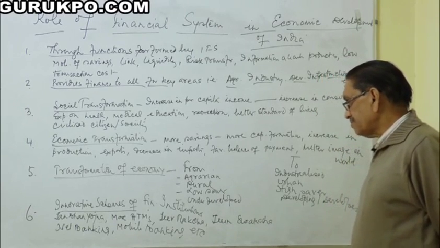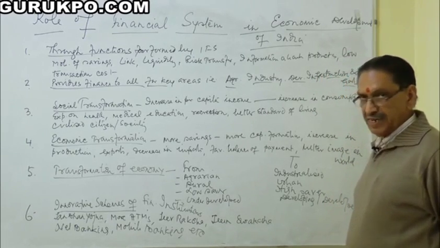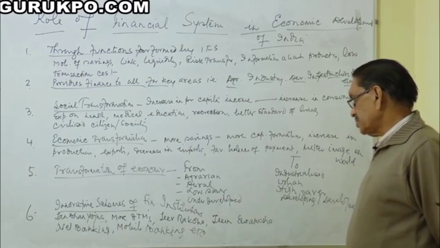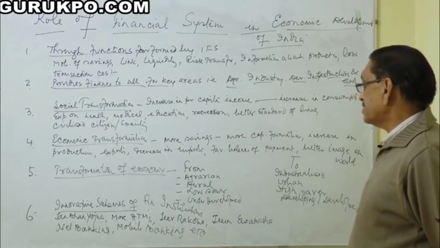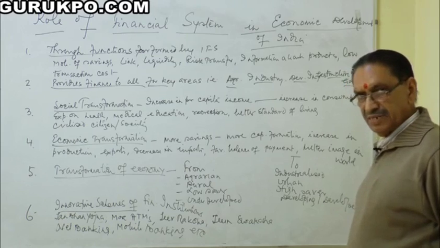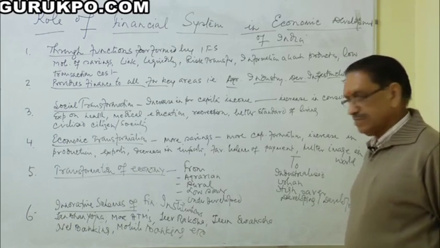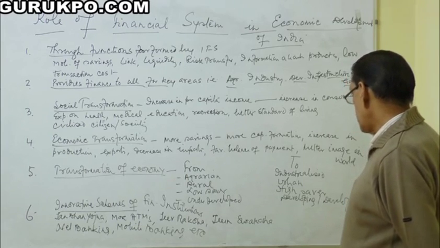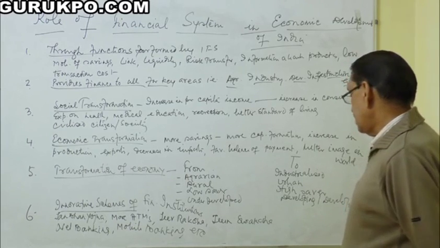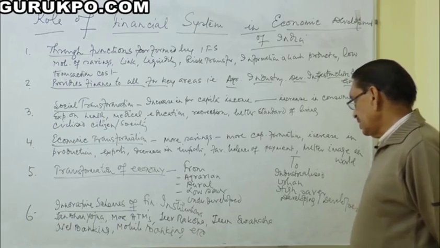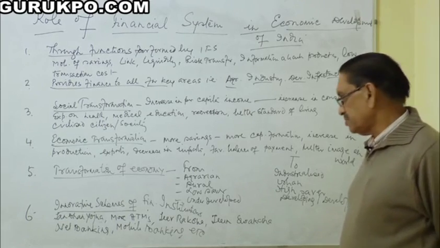The fourth part of importance is economic transformation. In economic transformation, I would like to emphasize that the financial system helps in collecting savings. Hence, there are more savings, and due to more savings in the financial system, there is more capital formation, and due to more capital formation, production of goods and services increases.